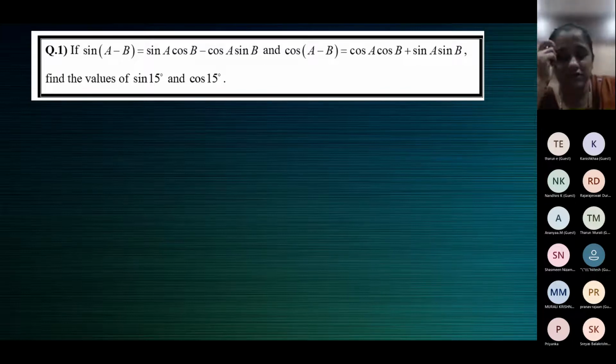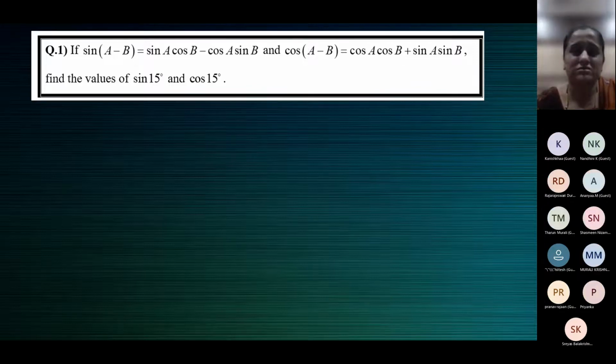So children, we have completed linear equations, statistics, polynomials. Now we have started trigonometry. Now, there will be 4 playlist links. All the meeting recordings are in 4 playlist links.